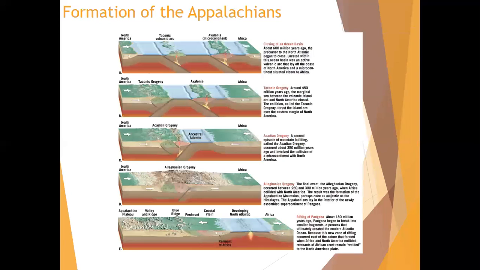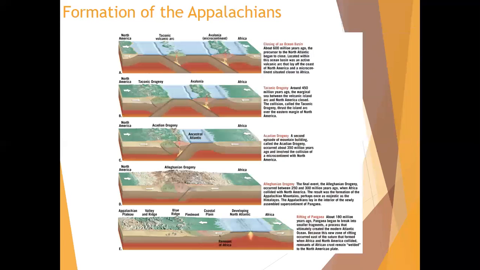This happened about 450 million years ago, that the Taconic orogeny became part of North America as the volcanic island arc became part of us when that ocean closed. About 350 million years ago, the Acadian orogeny happened with the collision of a microcontinent with North America.